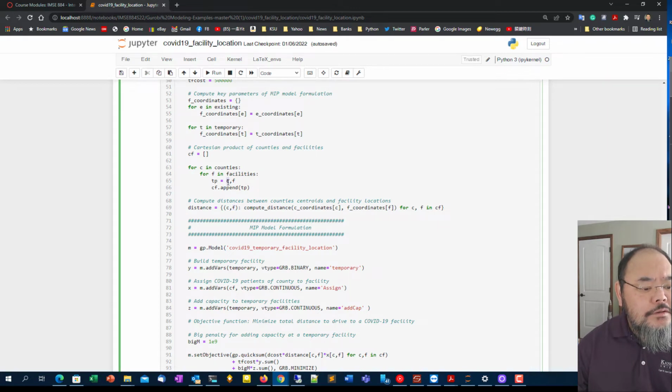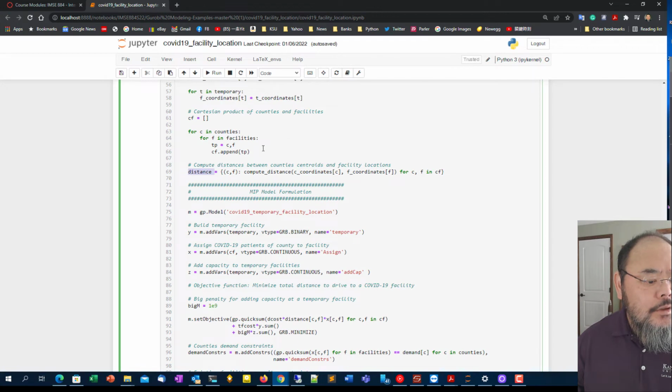For C as the county and F as the facility, with both locations, I can calculate the distance and put it into a distance dictionary, indexed by county and facility, giving the distance map. If you want, you can print out the distance and see how the dictionary was formed once you execute this.